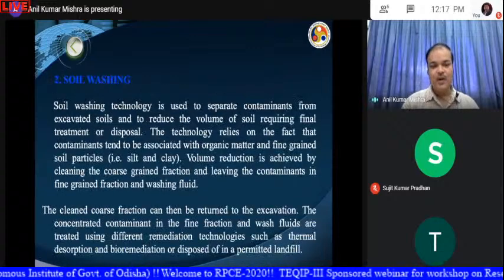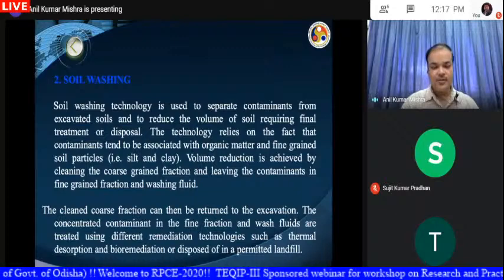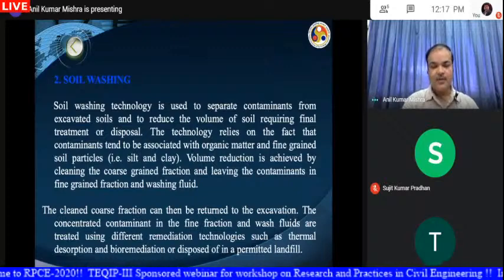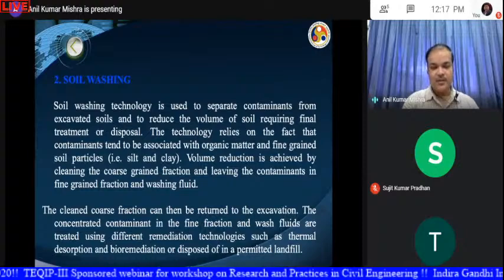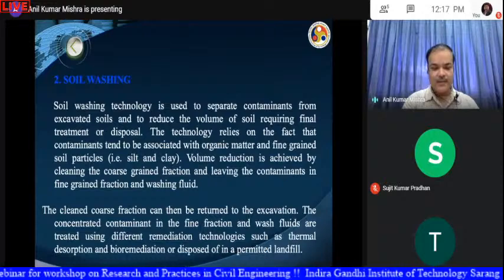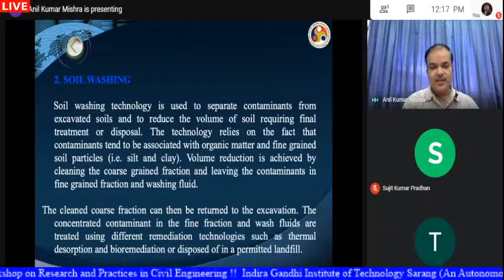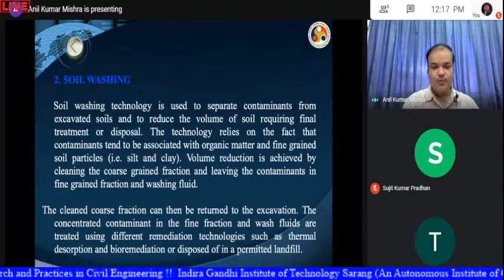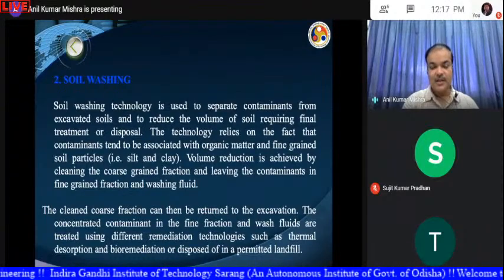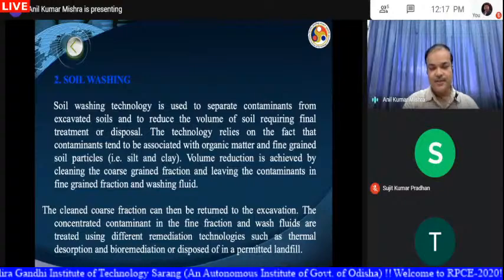Next is the soil washing technique. In the soil washing technique, the soil will be washed with some chemicals. As I told you earlier, the treatment method is very expensive. Now, what happens when a contaminant is present? The contaminant will attach more strongly to the clay particles or silt particles, mostly the clay particles because of their negative charge.